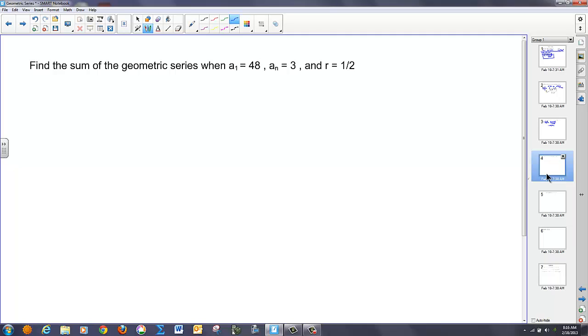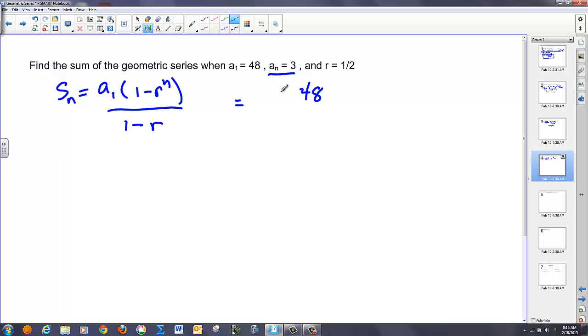In our next example, once again, I will write the formula up since it's a little bit new. The sum of n terms is equal to the first term times 1 minus the ratio to the nth power over 1 minus the ratio. And in this case, it looks like we're given that first term, so 48.